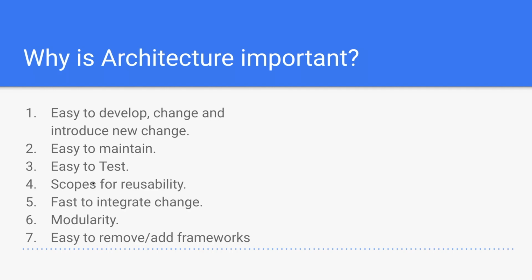The same thing applies when you're migrating from UIKit to SwiftUI. Let's say you are using an architecture where you are putting your view, your business logic, your view logic, your network call, everything in one file. For example, let's say I'm talking about MVC. Now if you have to migrate from UIKit to SwiftUI, basically you have to remove your view, or you have to remove your controller, because that will change when you migrate to SwiftUI.